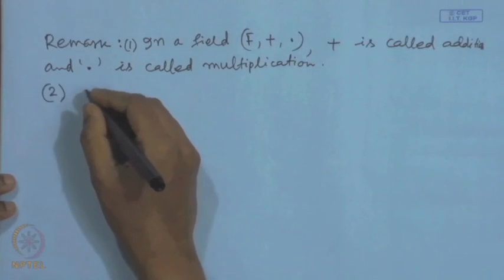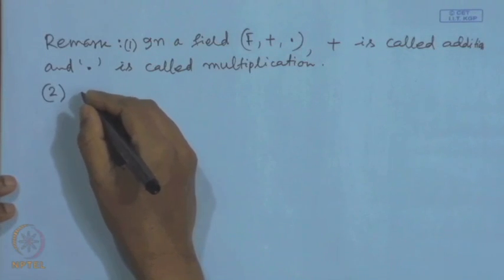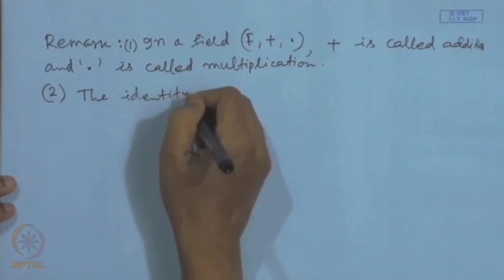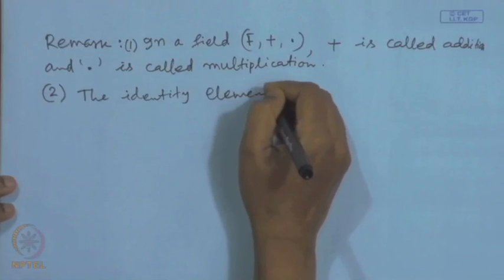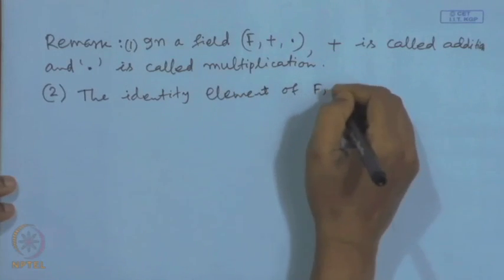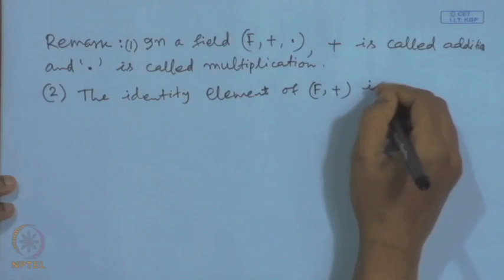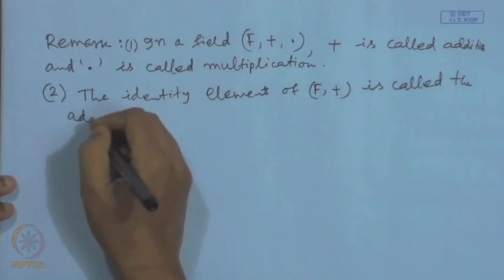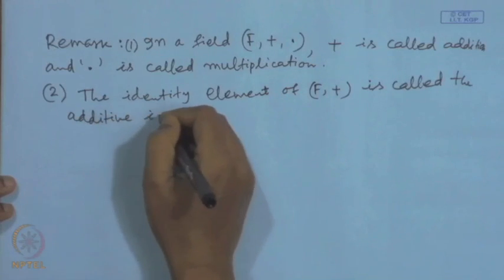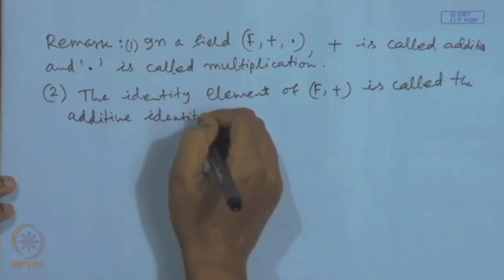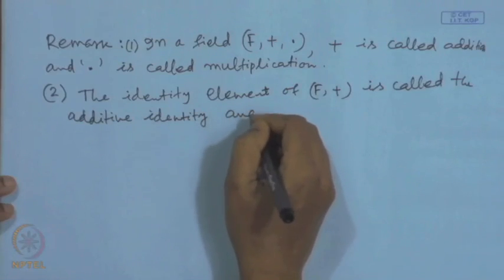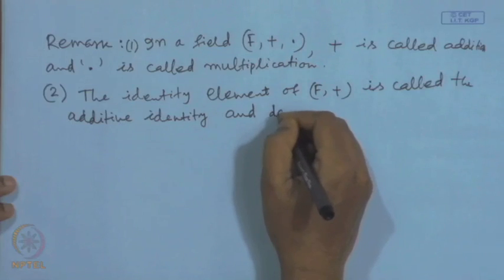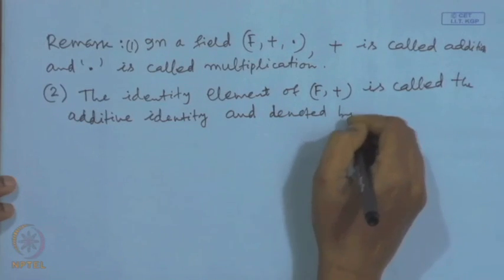Here this 0 is called the identity element of F plus, called the additive identity, and denoted by 0.